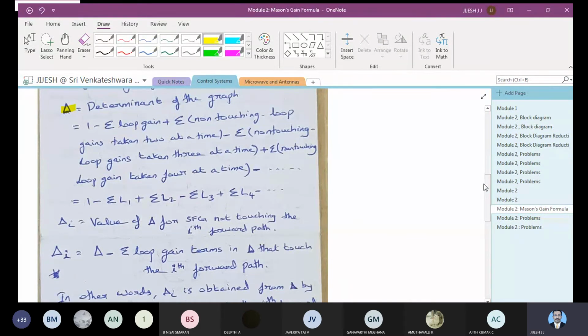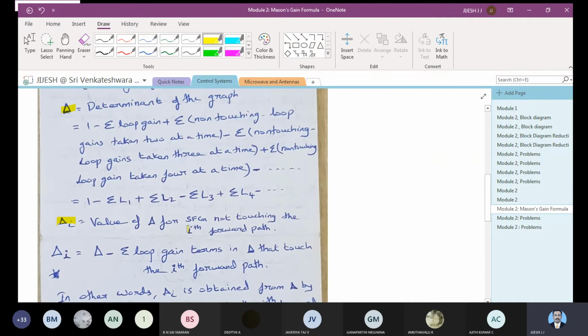What is delta I? It is the value of delta for a signal flow graph not touching the ith forward path. To understand delta I, when we solve the numerical, it will be very clear for you. Since it is in general form, it will sometimes be difficult to understand.